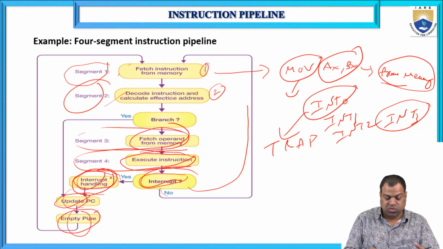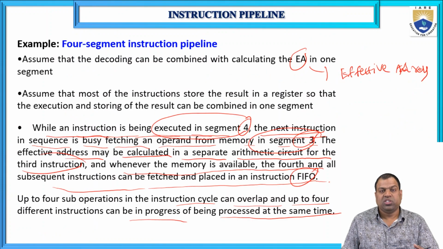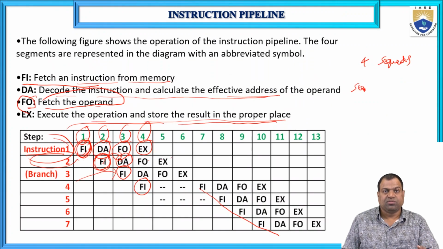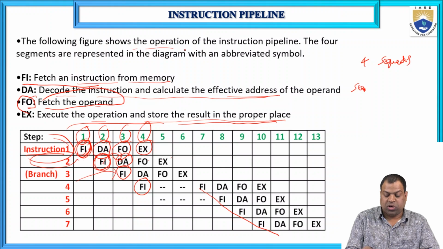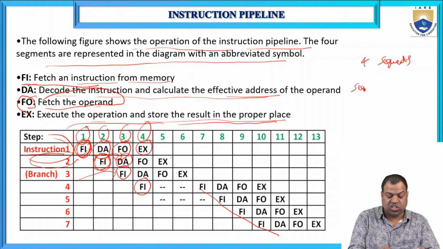If interrupt is yes, it goes to the priority of interrupt and interrupt handling, update PC, and execute or empty the pipeline. If no interrupt, then it goes again to the next instruction. This is the 4 segment instruction pipeline. The diagram shows the operation of the instruction pipeline of 4 segments. Fetch an instruction, FI.